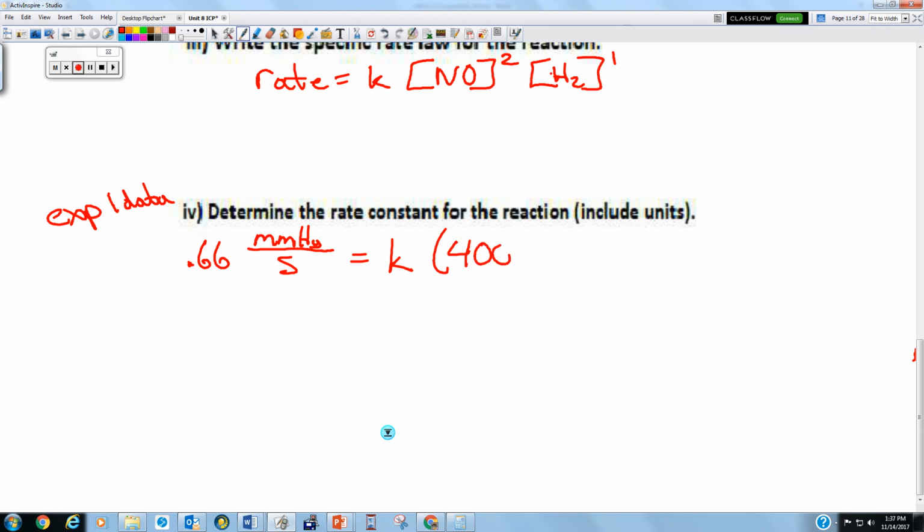It's going to be 400 millimeters mercury NO2 raised to the first power times 150 millimeters mercury H2.